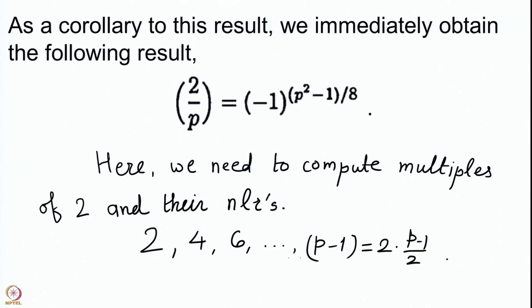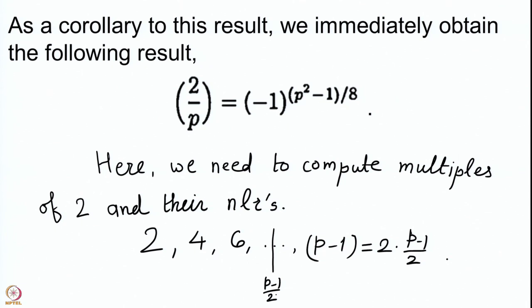These are the (p minus 1) by 2 numbers that we are going to see, and here somewhere in between we are going to get the number (p minus 1) by 2.